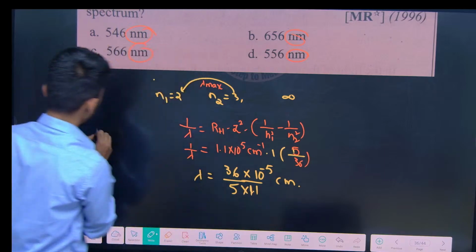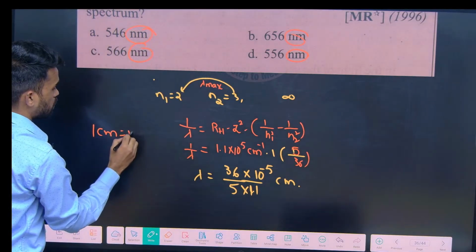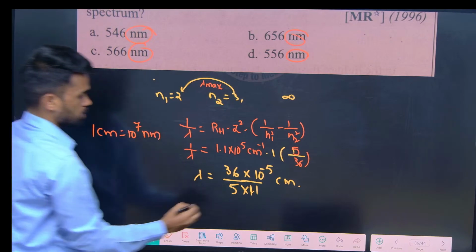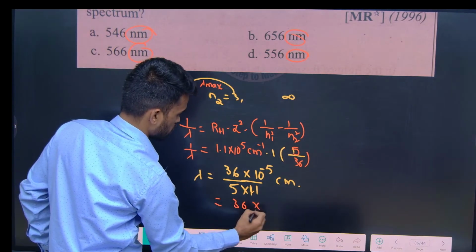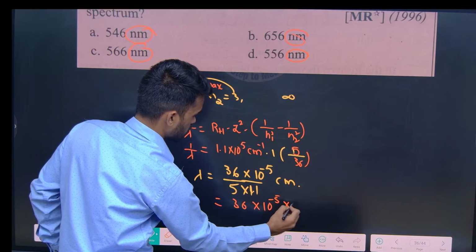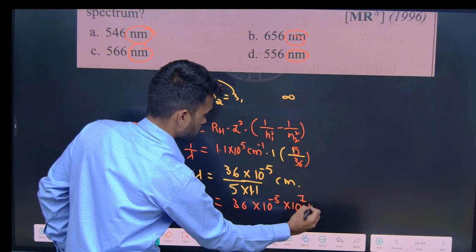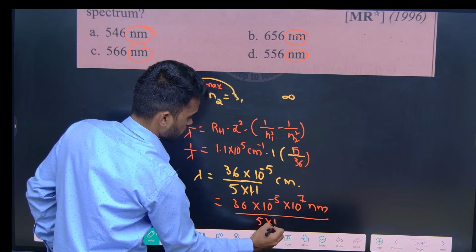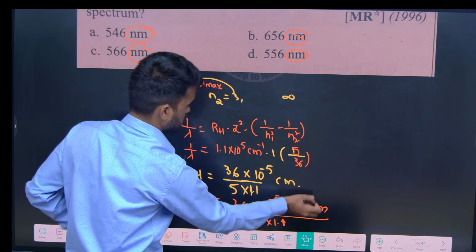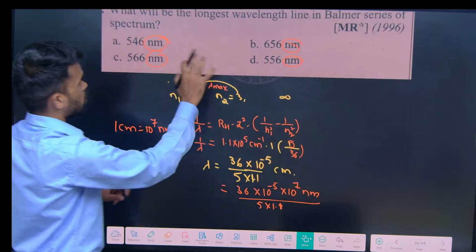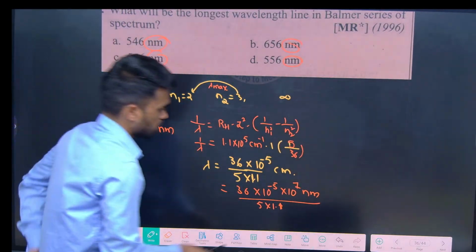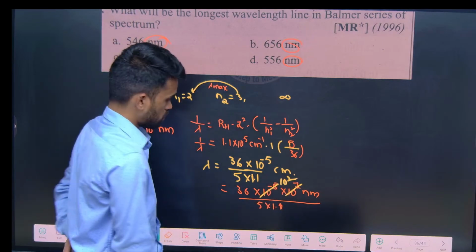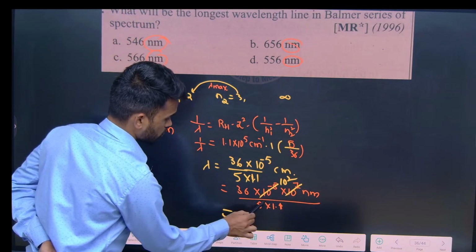So 1 centimeter is 10 power 7 nanometers. So 36 into 10 power minus 5 into 10 power 7 nanometers by 1.1. Okay, let us write this as it is. Anyway, we have a large difference, we will get the answer, no worries. Okay, this is how many times? 10 power 2.